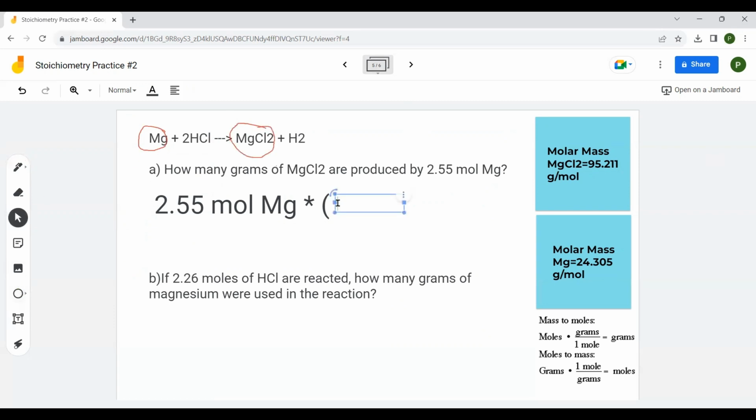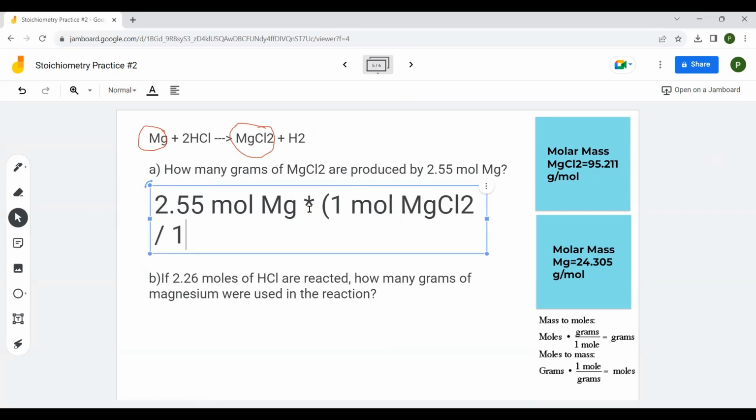And that makes our lives pretty easy, but we're still going to go ahead and type it out. Putting our unknown on the top, so that would be our magnesium chloride, over our known on the bottom, which is our magnesium. Now, that one's pretty simple. You probably don't need to plug it into your calculator, but we're going to get 2.55 mole of magnesium chloride.